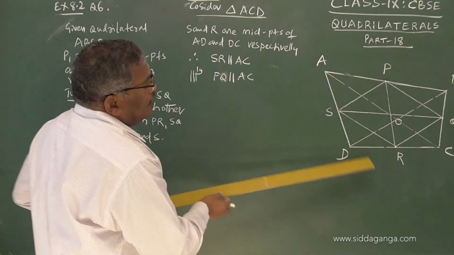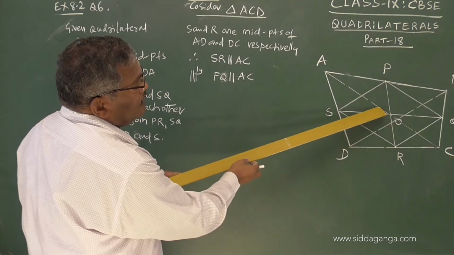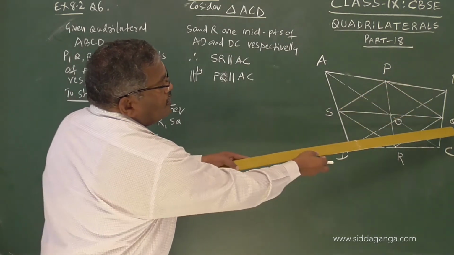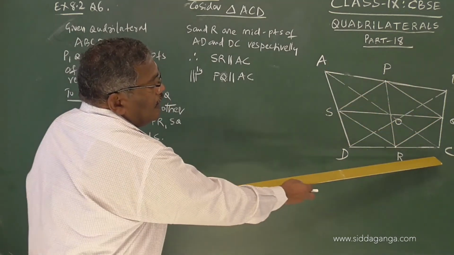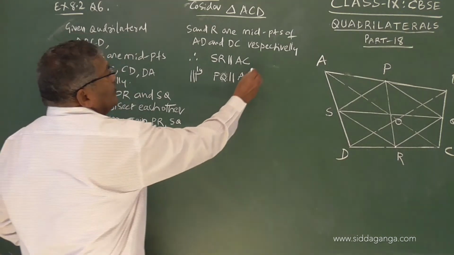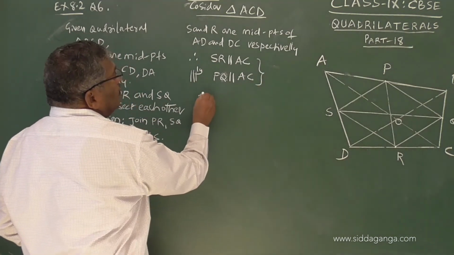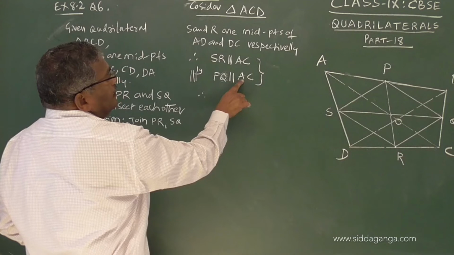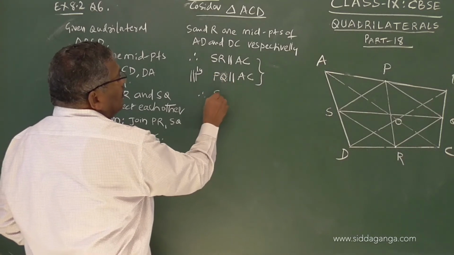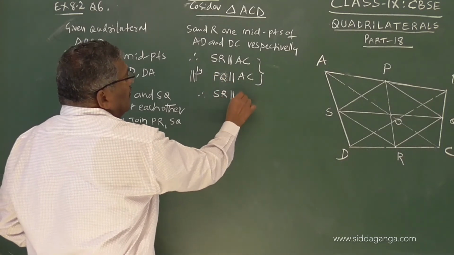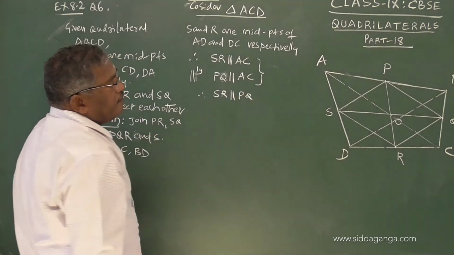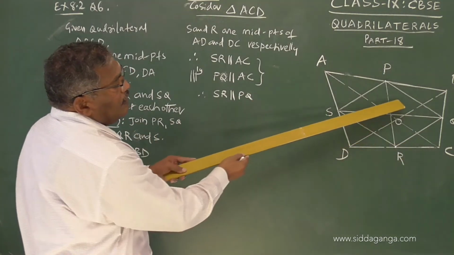So, you see here, SR is parallel to AC diagonal and PQ is also parallel to AC diagonal. Therefore, from these two we can say SR is parallel to PQ.